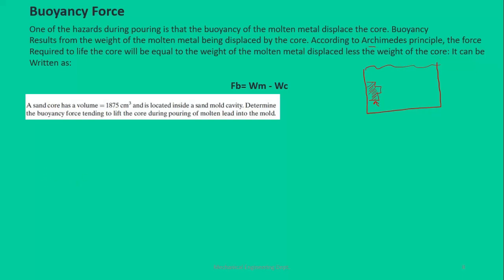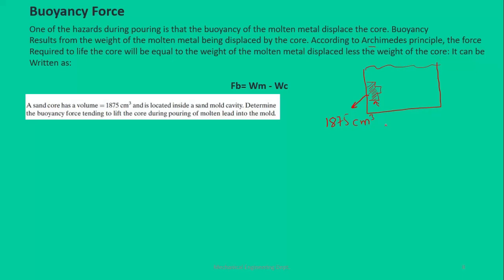So it says a sand core has a volume of 1875 centimeter cube and is located inside a sand mold cavity. Determine the buoyancy force tending to lift the core during pouring of molten lead into the mold. So we are performing a sand casting which has a sand core, and the volume of the sand core is 1875 centimeter cube, and it is located inside the mold cavity as we have drawn here.